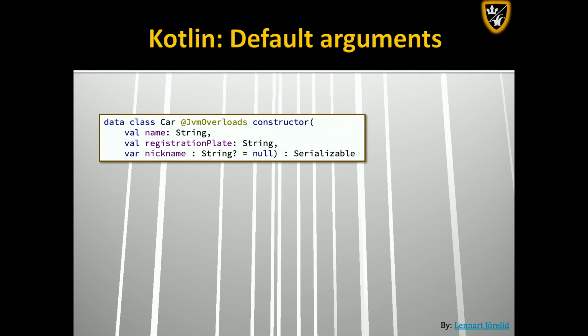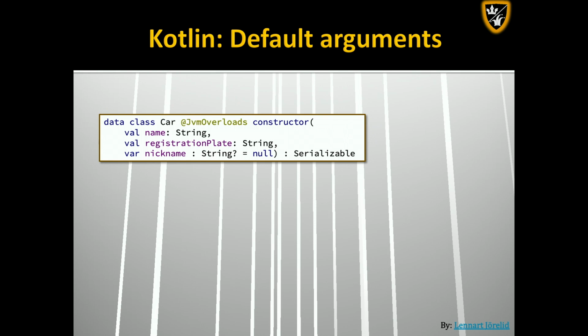So it says here, this is a constructor, and there's actually a keyword constructor. And I also have an annotation I place on that constructor, which says JVM overloads. Please, compiler, since I have provided some default arguments, create all the overloaded constructors that I would normally have to write by hand in Java. Could you just synthesize them in bytecode for me so I'll be out of the way?